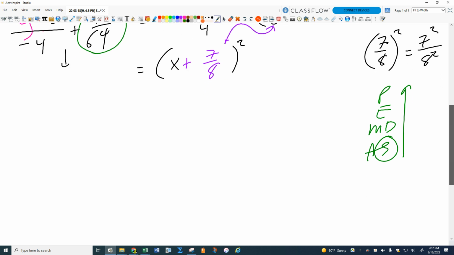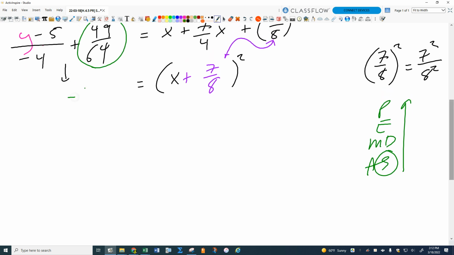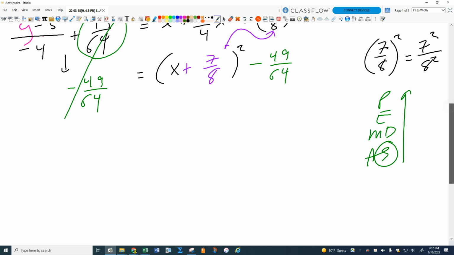I'm going to run out of space here, aren't I? I'm going to subtract 49 64ths from both sides, and those guys cancel, right? So then what have I got? Let's rewrite this.